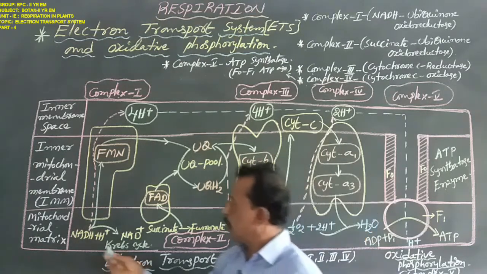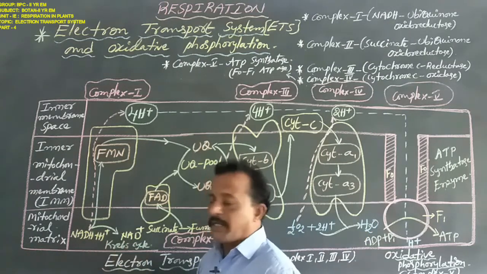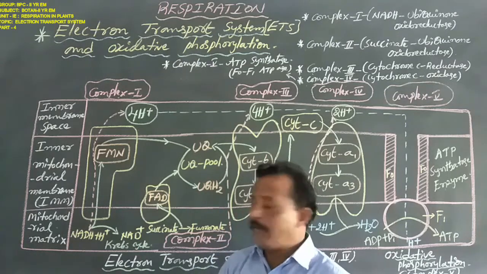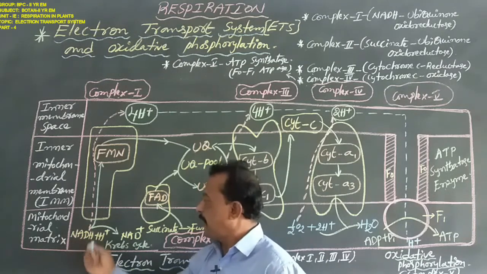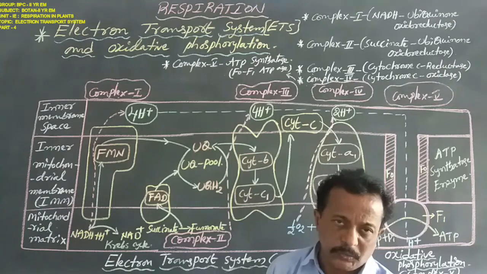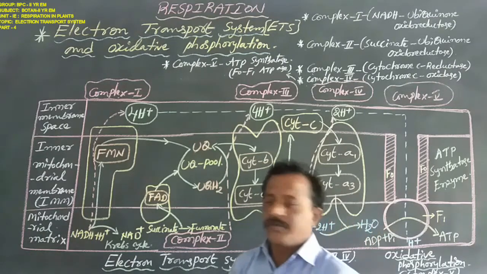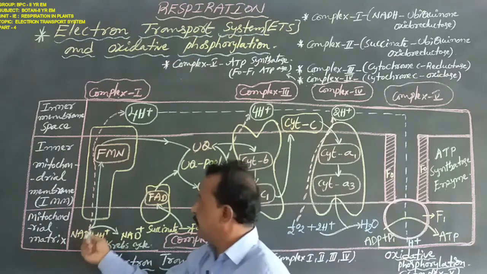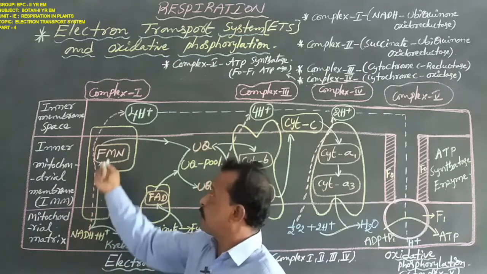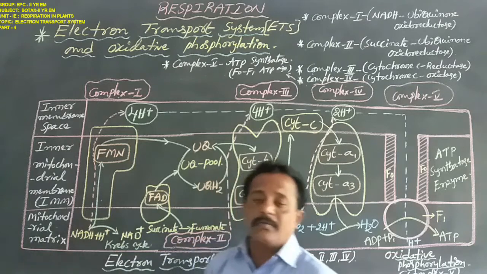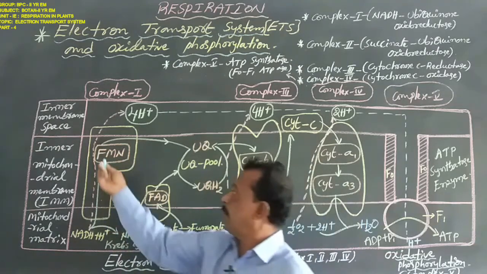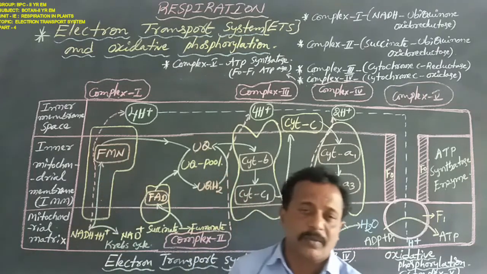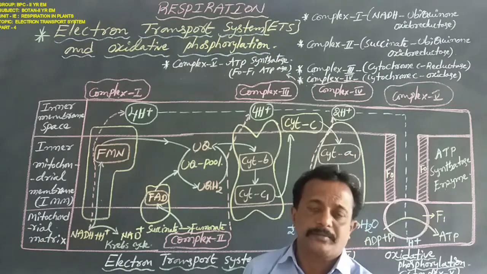In the Krebs cycle, reduced NADH plus H plus is formed, and it becomes oxidized NAD plus. So electrons are released, and these electrons reach one prosthetic group, that is flavin mononucleotide.